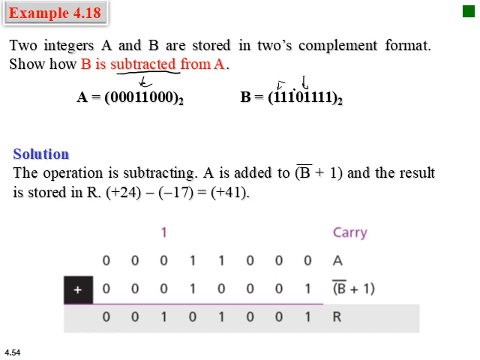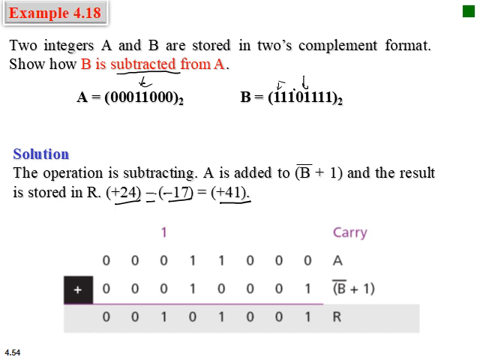So in actual fact, what we're saying here is positive 24 subtract negative 17. Mathematically, minus and minus results in a positive, so it's actually 24 plus 17, which will give us positive 41.